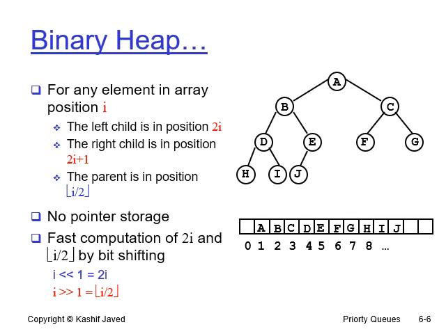If you look into the array at position number 4, you can find D. D is the left child of B. If I'm interested in locating the right child of B, B's position i is 2, so 2i plus 1 is going to give you 5, and in the array we can see that E is positioned at index 5.